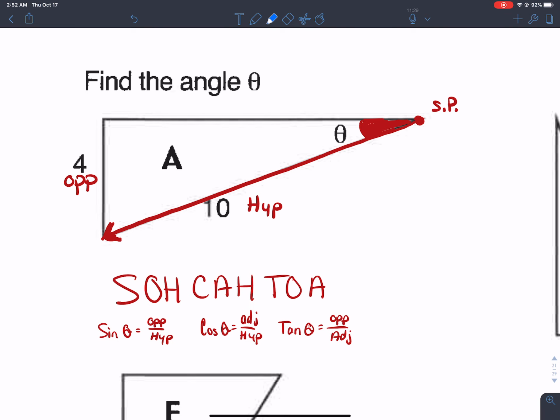Problem that some people have, I'm not sure which trigonometric function to use. Don't overthink it. If you spent the time labeling up your sides, we know that one of your sides is the hypotenuse and one of the sides is your opposite side.